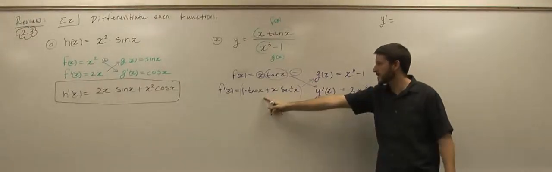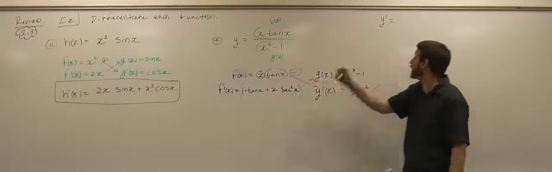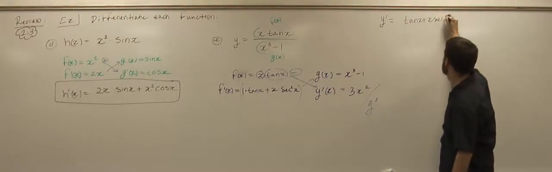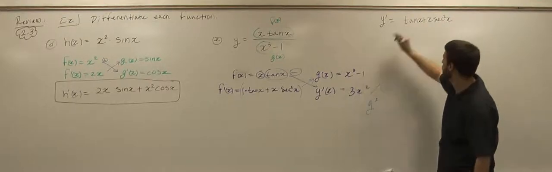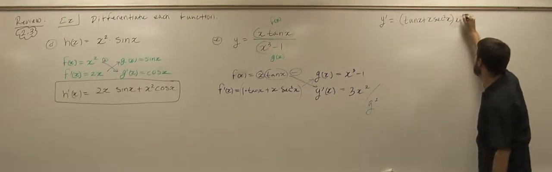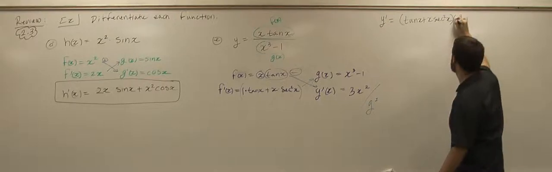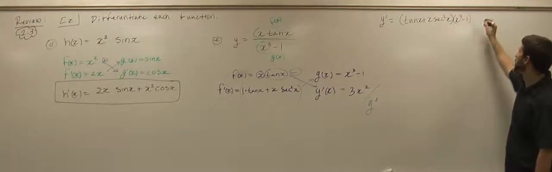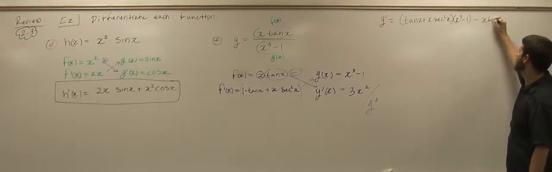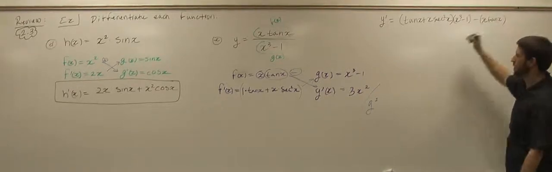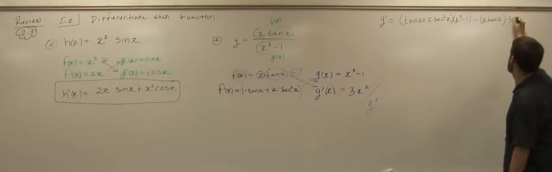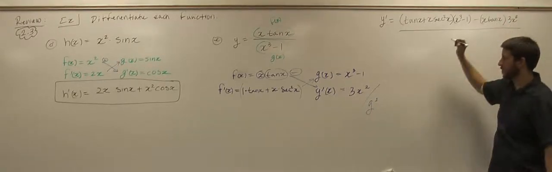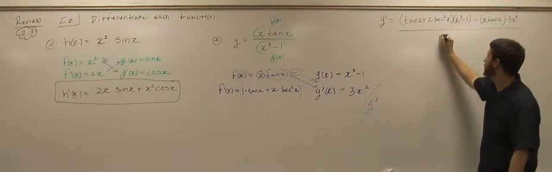So we got to do tan x plus x secant squared x times x cubed minus 1, like this. This product minus this product, x tan x times 3x squared over g squared.